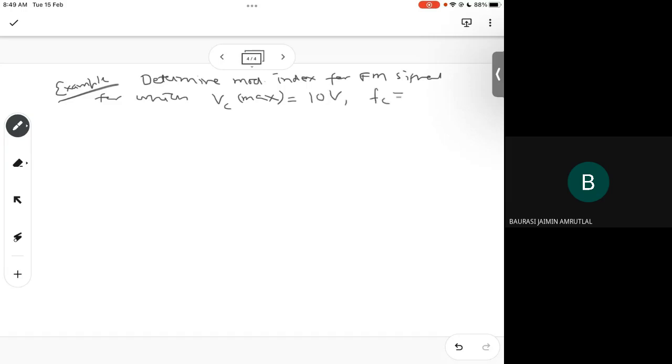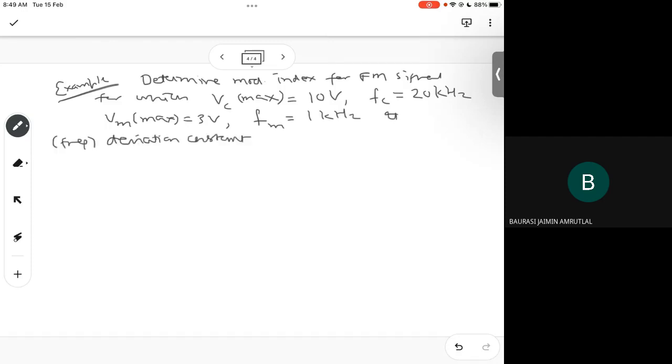The carrier frequency fc is given as 20 kilohertz, the message signal amplitude is given as 3 volt, and the message signal frequency is given as 1 kilohertz. And let's say the frequency deviation constant, kf, is equal to 2000 hertz per volt.